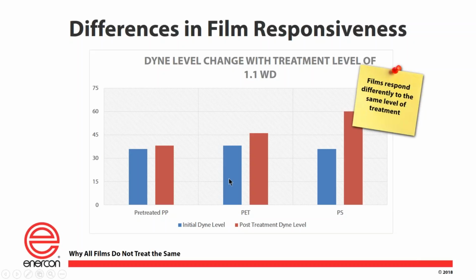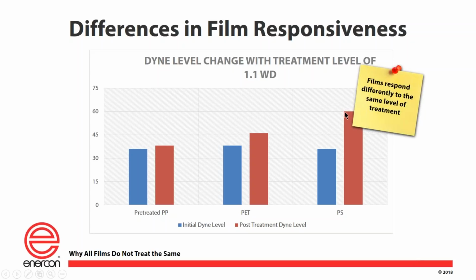The initial surface energy of that polyester was more like 40 dynes, and the end result of treating it at a 1.1 watt density is over 50 dynes, maybe 56 dynes. Let's take one more example. The last example on this slide is polystyrene. Again, its inherent dyne level might be around the mid-to-upper 30s. We apply the exact same watt density, 1.1 watts, and we are way up to 60 dynes or higher.